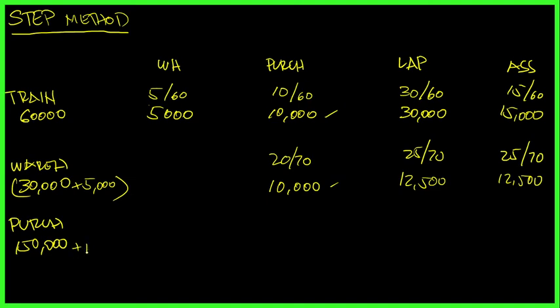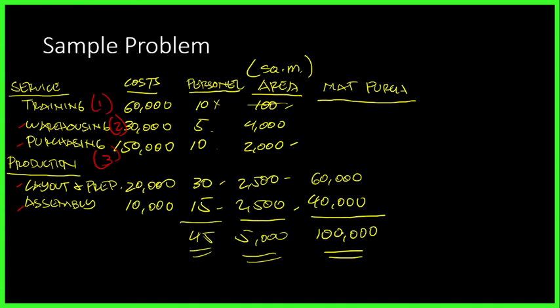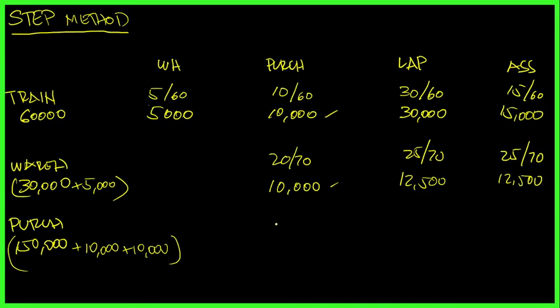So plus 10,000, plus 10,000. That's a total of 170,000 pesos. And for purchasing, sabi natin kanina, we allocate this based on the number of materials purchased. So, going back, the number of materials purchased is 60 and 40. 6:4. So, that will now be the basis for our ratio.